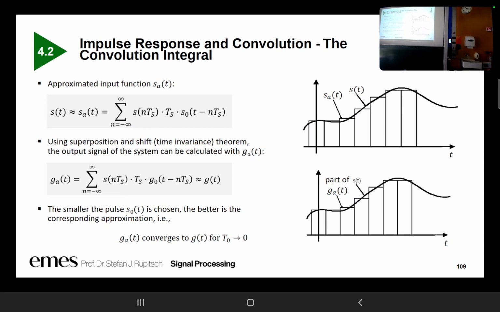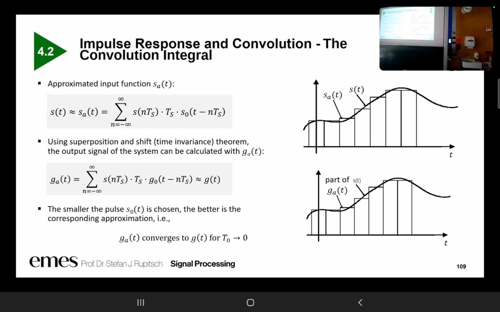This is written here. It should be a TS here, but T0 going to 0 is also no problem for us. We are very flexible. If T0 goes to 0, then the approximate output of the system converges to the real one.